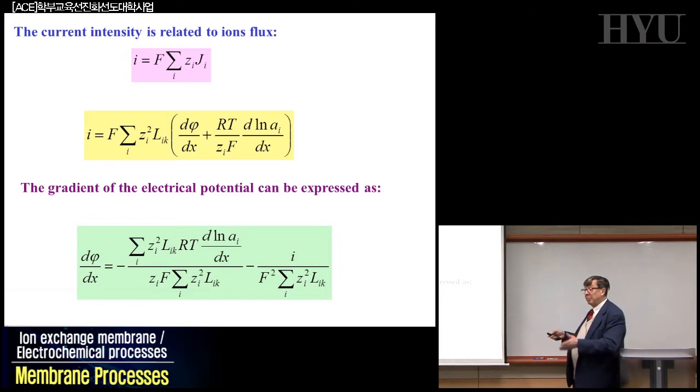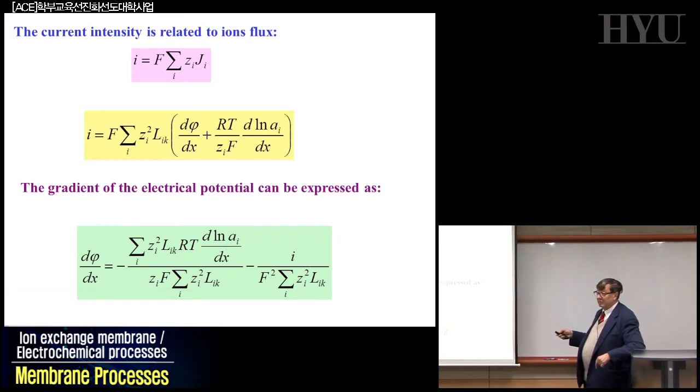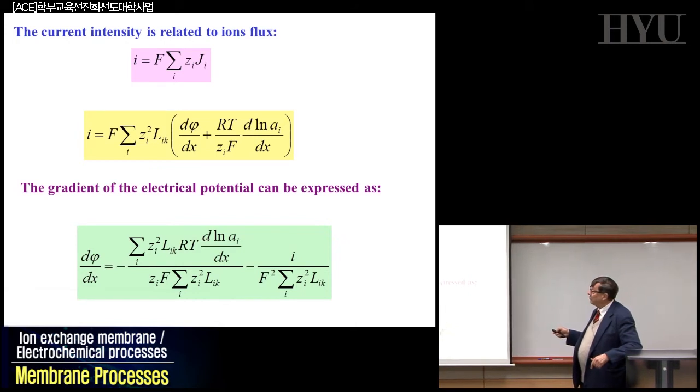Remember, these ions can be partly positive and partly negative in the solution. In the membranes, this current intensity is carried basically 100% by the ions with the same charge. This zeta will be zeta plus or zeta minus. In solution, the same addition will have zeta plus and zeta minus, 50% on one side and 50% on the other. That's the big difference the membranes induce.